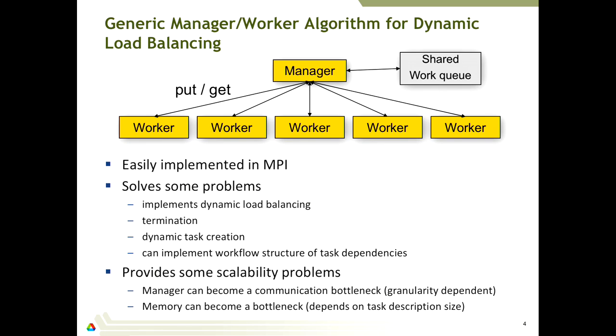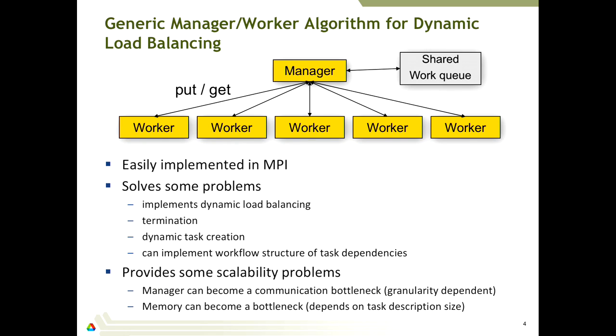When a worker is finished, he tells the manager that he's finished. The manager gives him a new piece of work. So it's very easy to do that in MPI with these put and get operations, which are just send and receive communications between the workers and the manager.